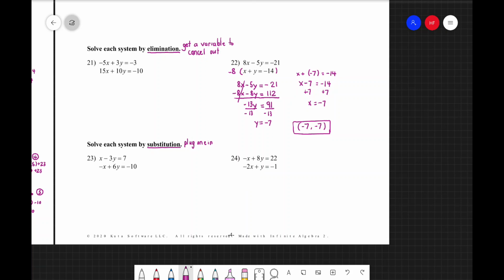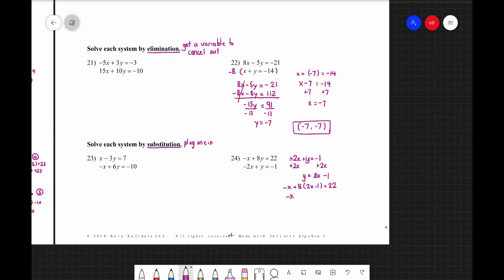So we have negative x plus 8y equals 22, and negative 2x plus y equals negative 1. I'm going to solve it for y, so I'll add 2x. y equals positive 2x minus 1. So now I have that in terms of x, so I'll plug it into the first equation. So negative x plus 8 times 2x minus 1 equals 22.